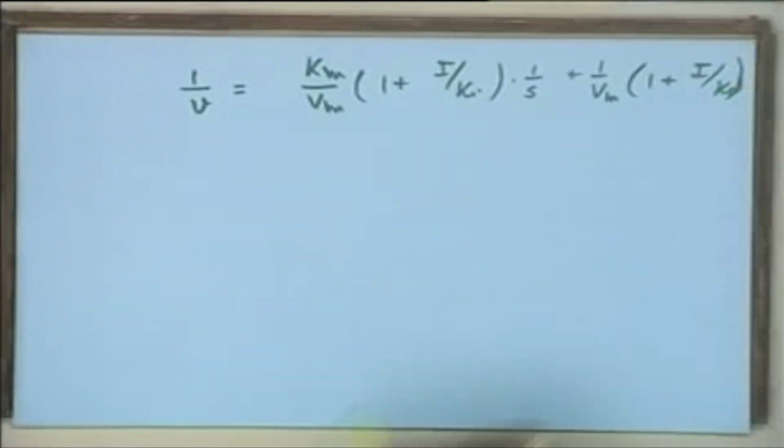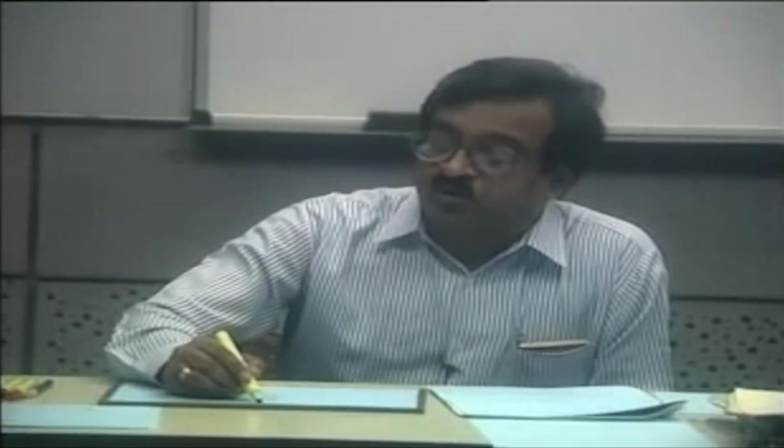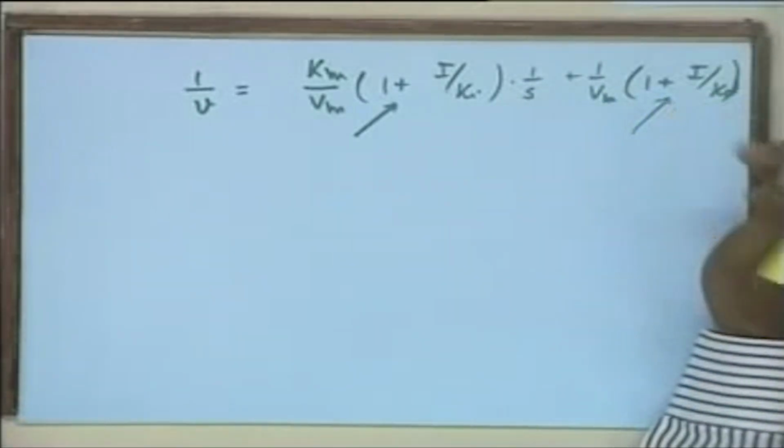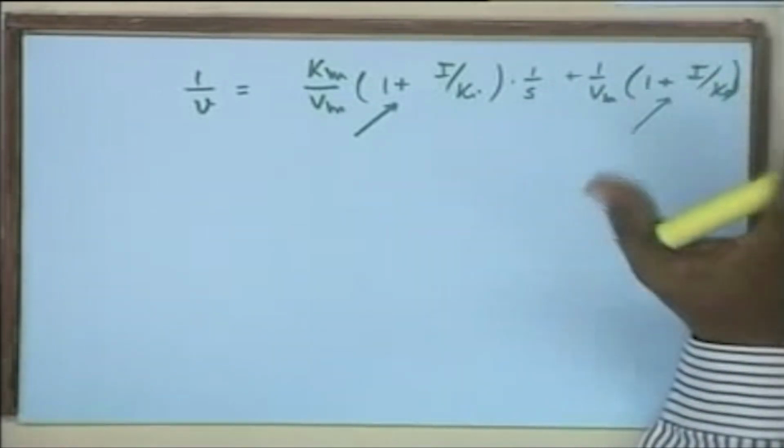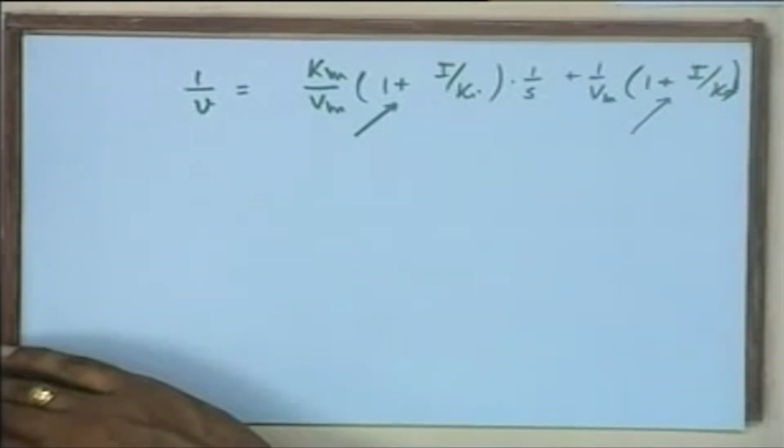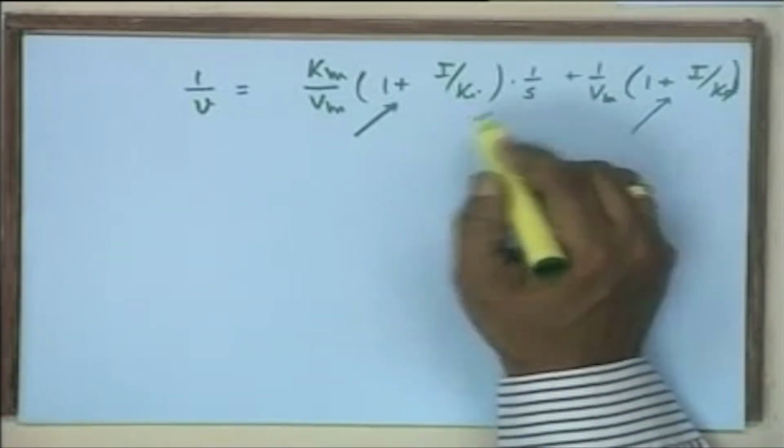Now, it clearly indicates that in the case of a non-competitive inhibitor, both the slope as well as the intercept will undergo a change, and both are increased by a magnitude of 1 plus I over Ki.